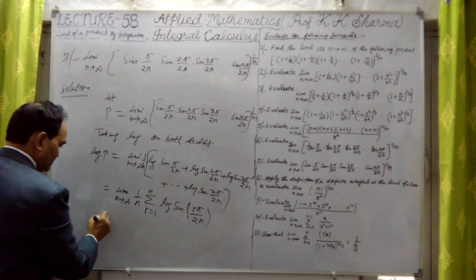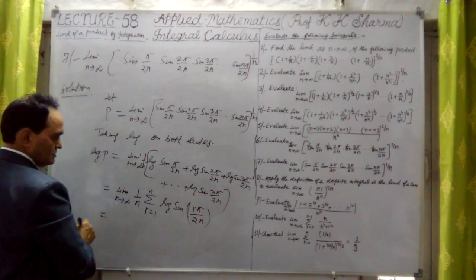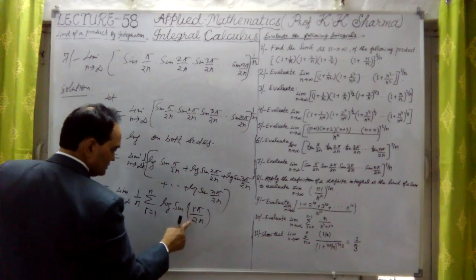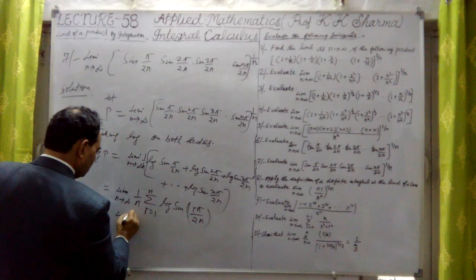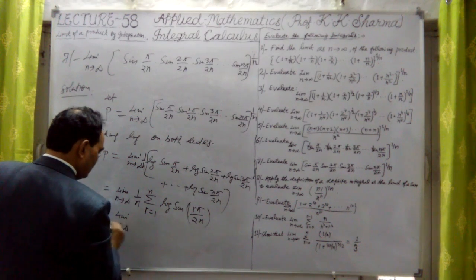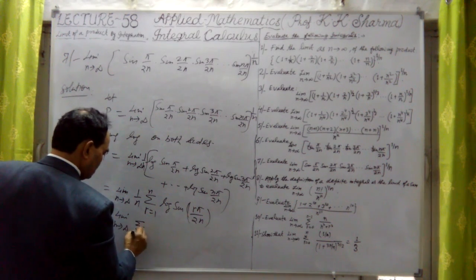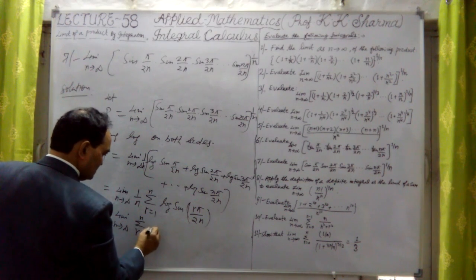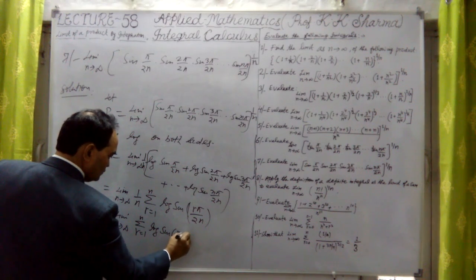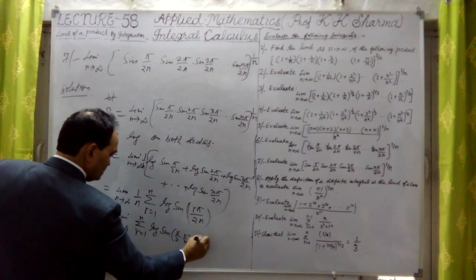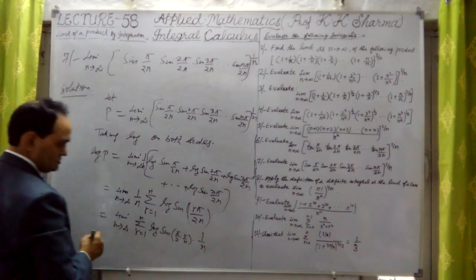Now it can be converted into a definite integral. Taking r upon n as x, we write the limit as n tends to infinity of the sum over r of log of sine of pi by 2 into r upon n, into 1 upon n.